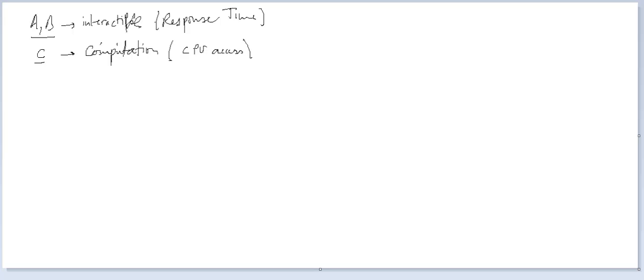Whenever A and B ask for something and they get it, they would like to have right away access to the CPU in order to do whatever they have to do, and then probably go back to sleep, be blocked, waiting for another input or something like that. So how is that?